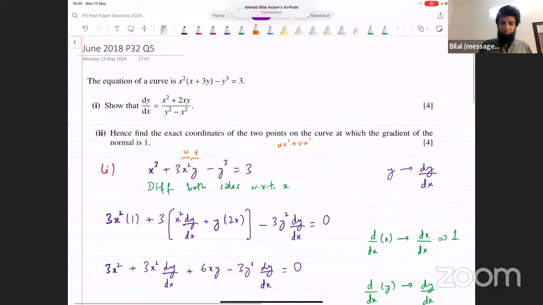Are you saying use the product rule of differentiation to differentiate it directly without expanding at first? Yes, you can do that. You can take this as u and this as v dash, and that also works. So you get the same thing.